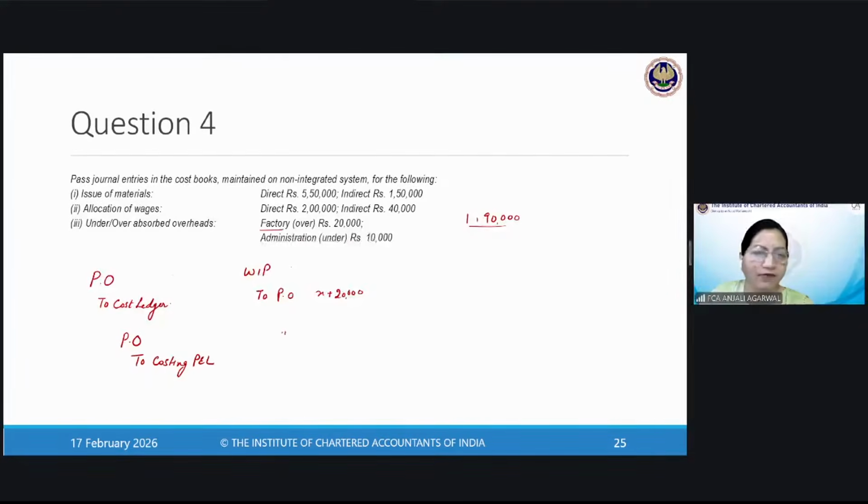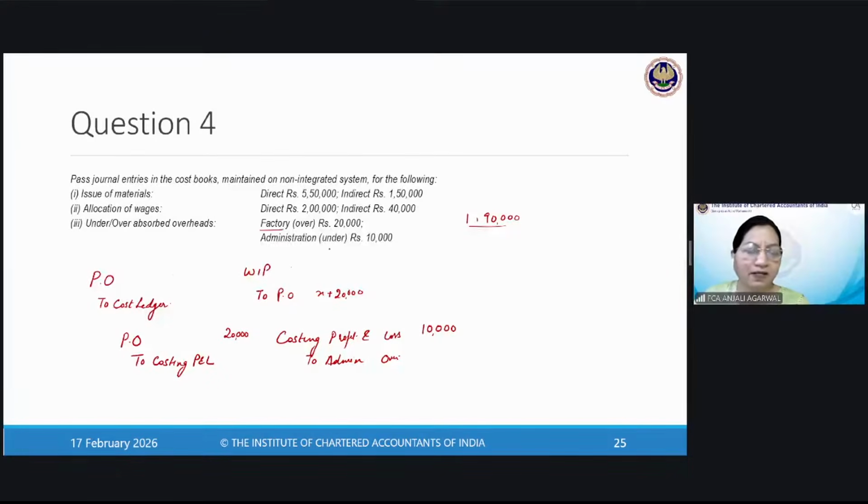So you will have costing P&L account debit to administration overheads. Okay, this is by 10,000 and this is by 20,000. The next topic for today will be the reconciliation. These things will be very helpful there.